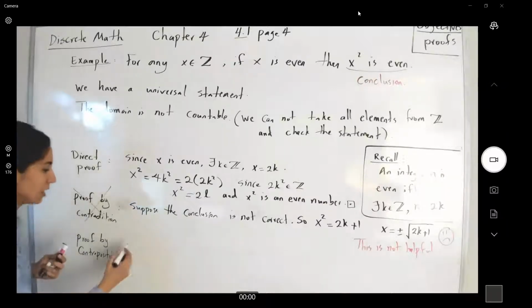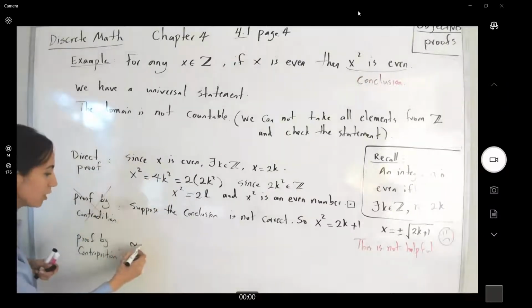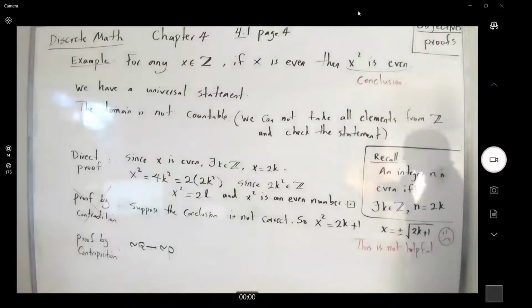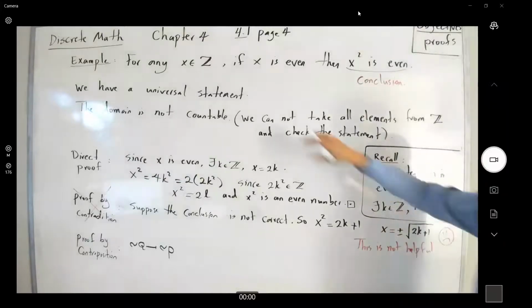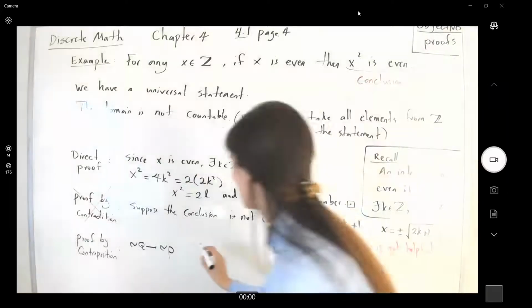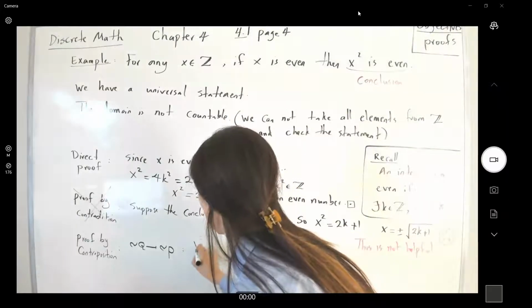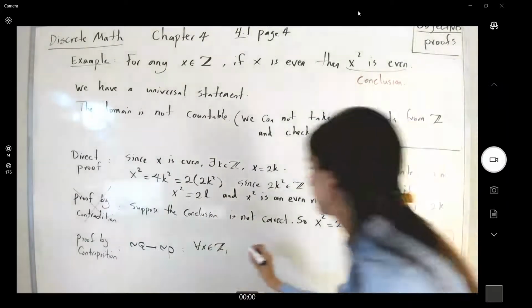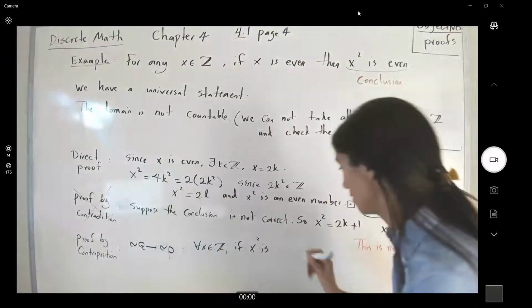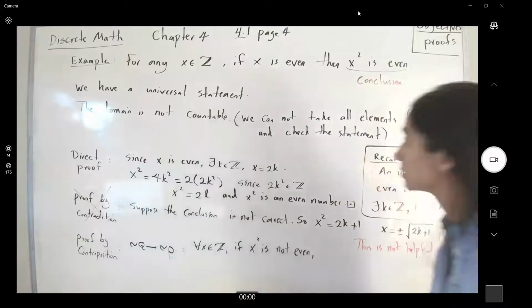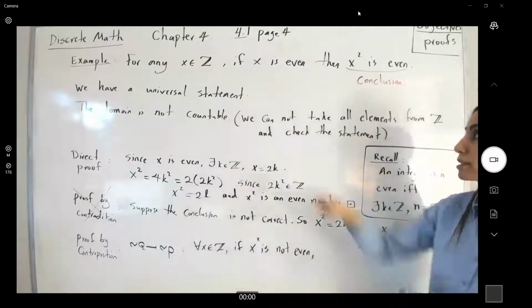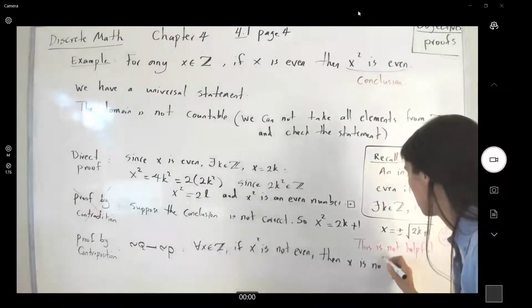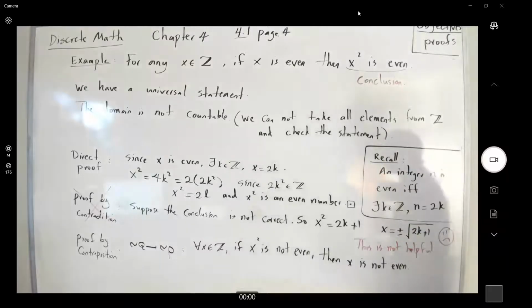Proof by contraposition says, instead of proving P then Q, we need to prove not Q then not P. This is my P, this is my Q. It means that I need to show that for any integer x, if x squared is not even, the negation of my conclusion, then x is not even, the negation of my hypothesis. Okay, how do I prove this?